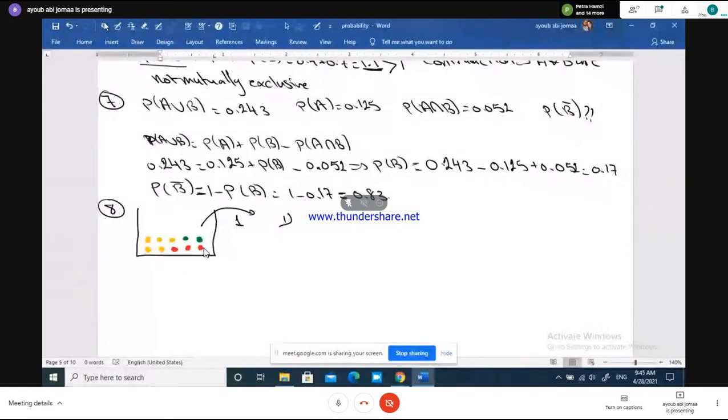Would you please repeat? No, he is only asking for the probability of red. We are selecting 1 marble. You selected one marble, and what is the probability that this selected marble is red?